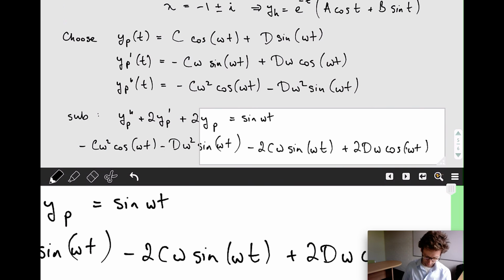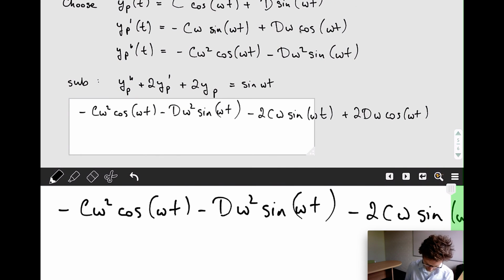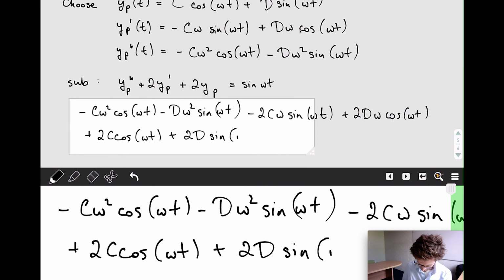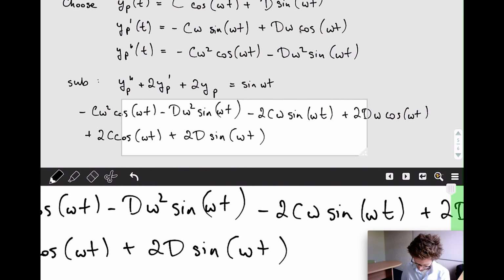So that factor of 2 is coming from this factor of 2 on yp prime. I'm just substituting this line in instead of yp prime, and I'm going to now put in 2 times the first line. So plus 2c cosine omega t plus 2d sine omega t. And that, of course, all has to be equal to the right-hand side, which was sine omega t.